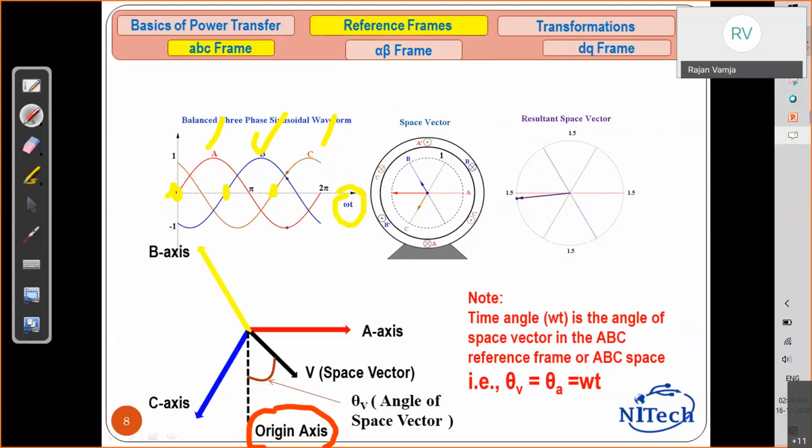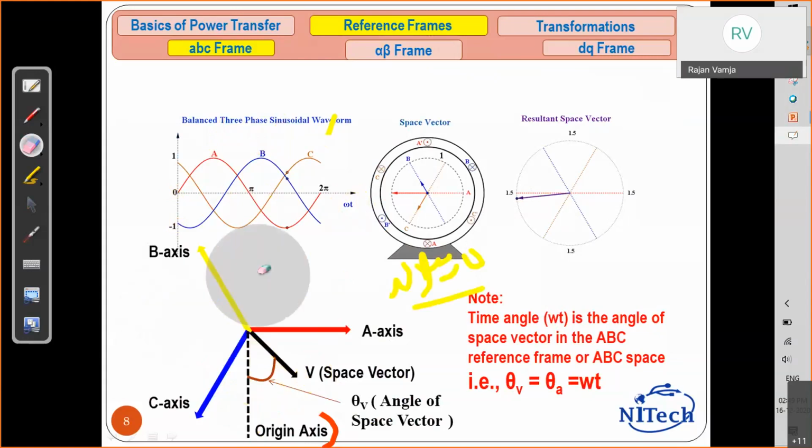So when omega t is equal to 0, A magnitude will be 0, B magnitude will be minus, and C magnitude will be positive, measured from this origin axis.